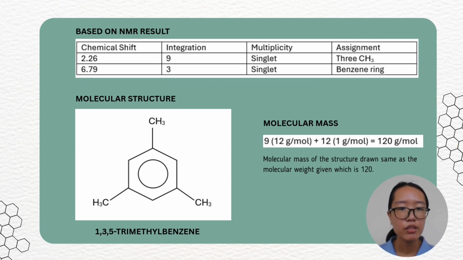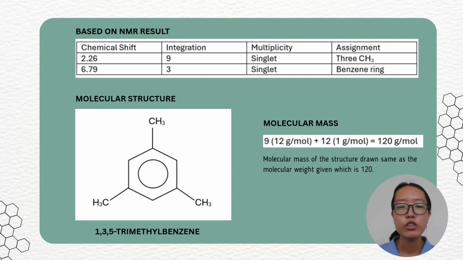And another peak appears at 6.79 ppm with an integration of 3 and a multiplicity of singlet. The peak at 6.79 ppm shows that it may be the hydrogens from the benzene ring. The integration of 3 shows that there are 3 hydrogen atoms bonded to the benzene ring.